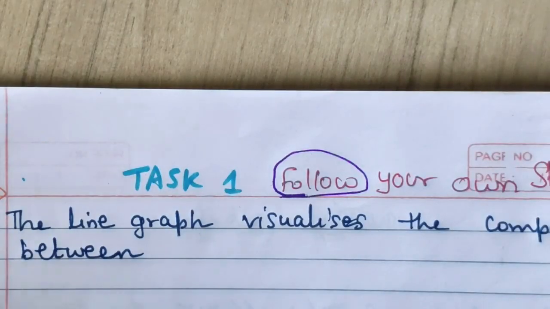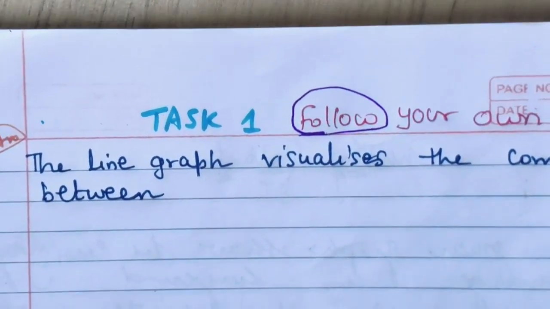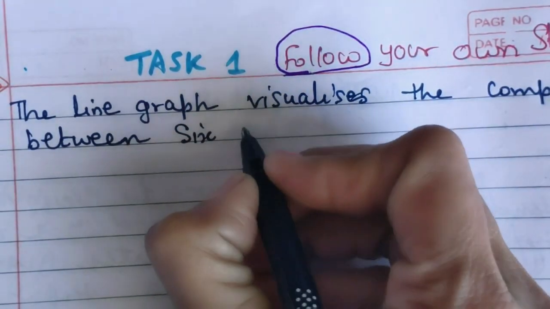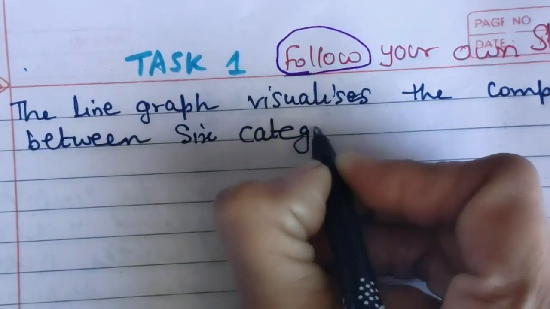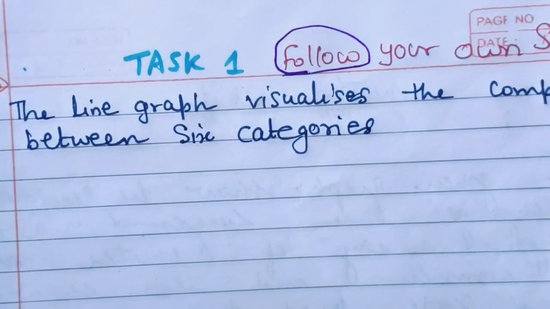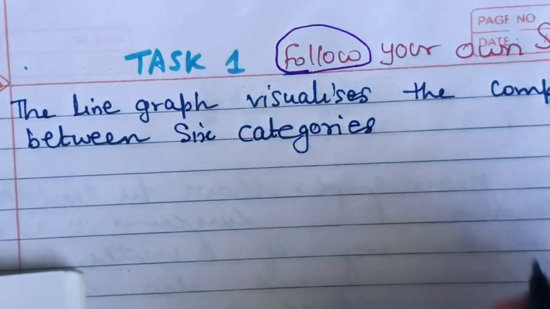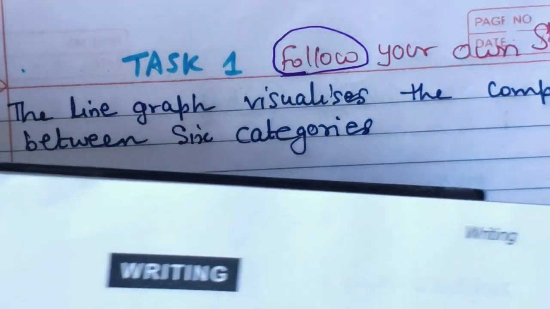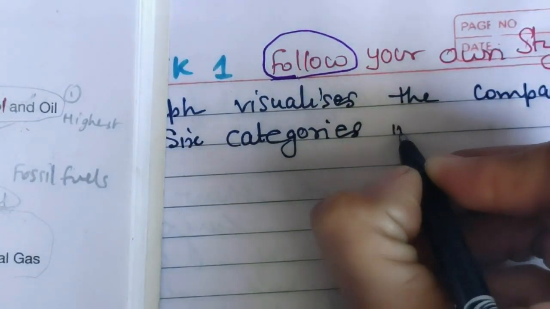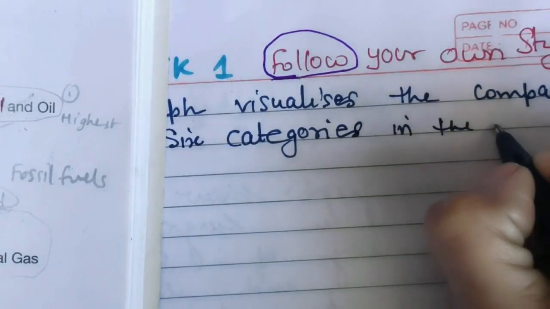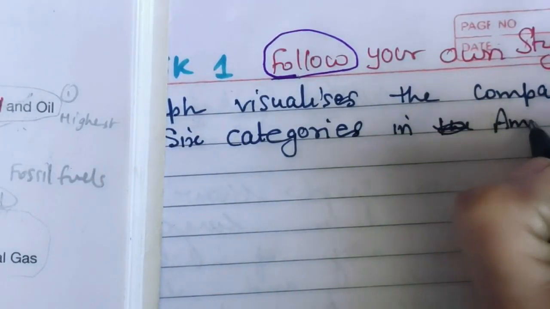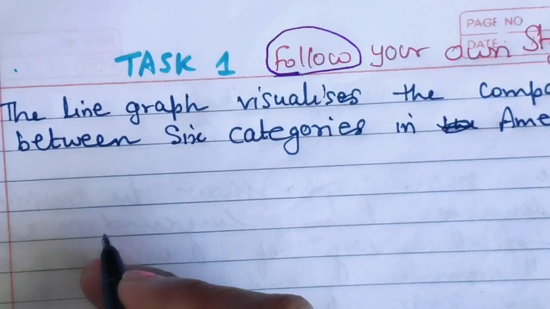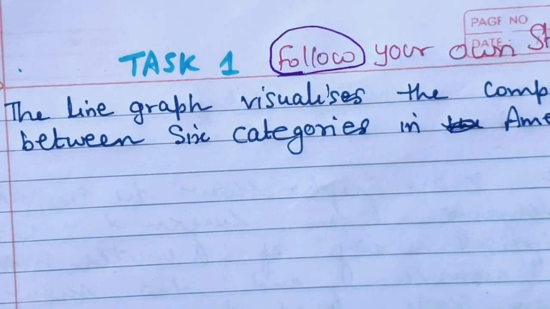We can always write it in our own style: between 6 categories of 6 categories in the USA. Instead of USA, I'm going to write America. In America.